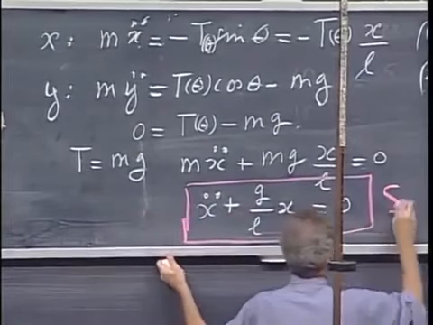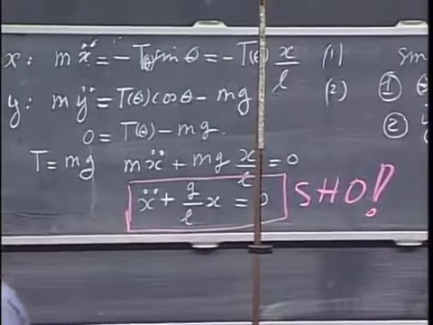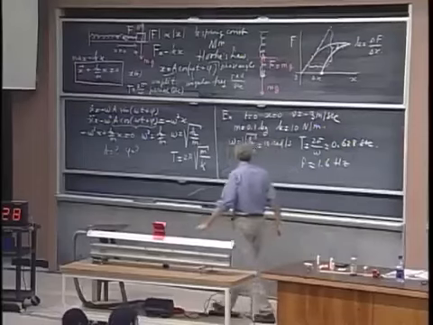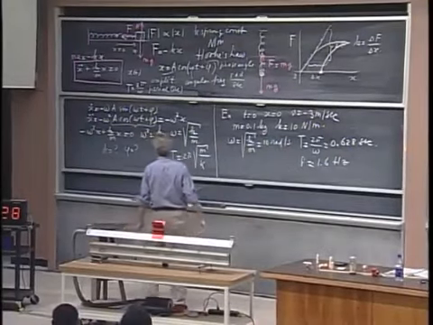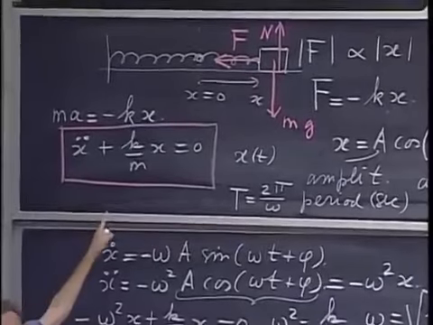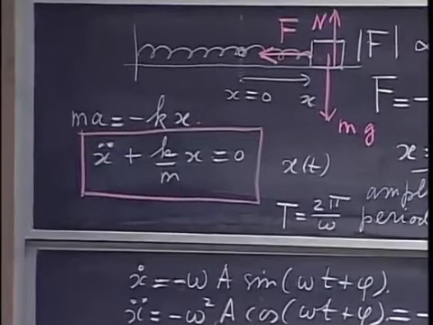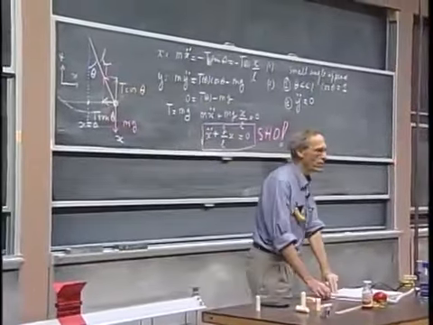This is a simple harmonic oscillation. This equation looks like a carbon copy of the one that we have there. Here we have k over m, and there we have g over L. That's all. Other than that, there is no difference.